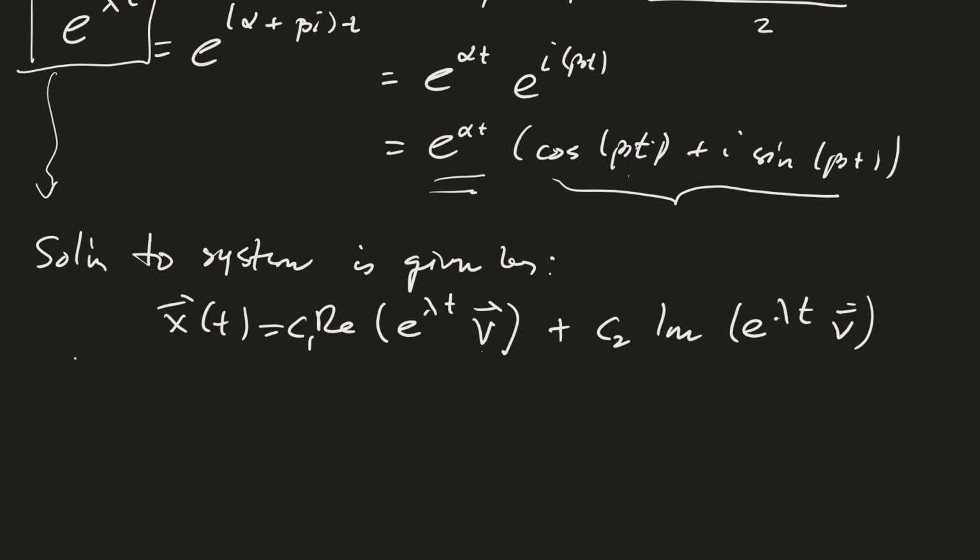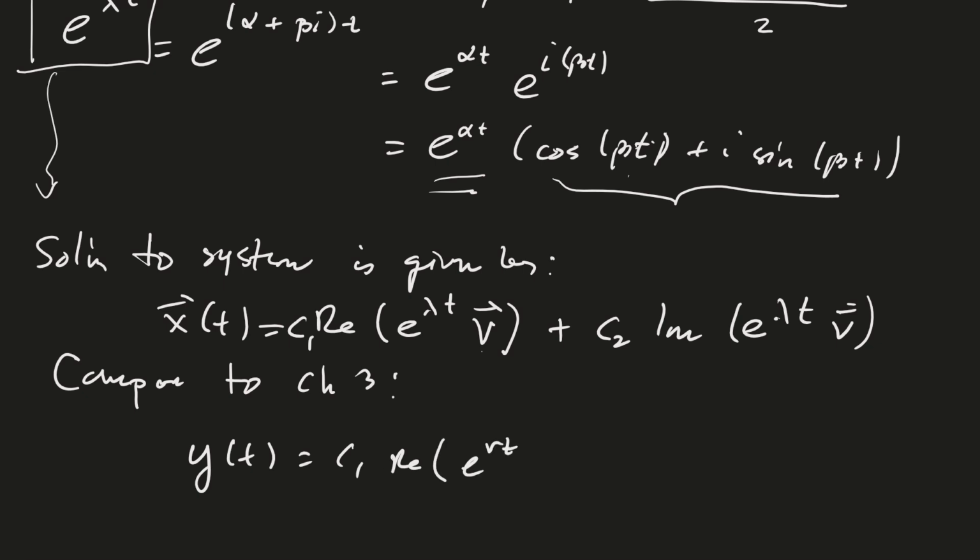Compared to chapter 3, we said that y of t is c1 times the real part of e to the rt plus c2 times the imaginary part of e to the rt. So all we're doing to go from chapter 3 to chapter 7 is adding this eigenvector v in.